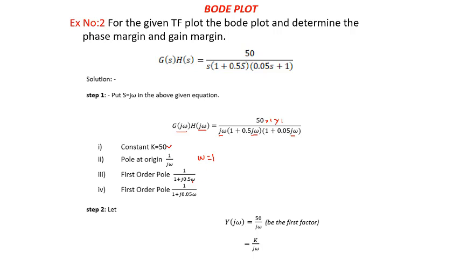So what we get here is ω equal to 1 divided by 0.5, that is equal to 2 radians per sec.